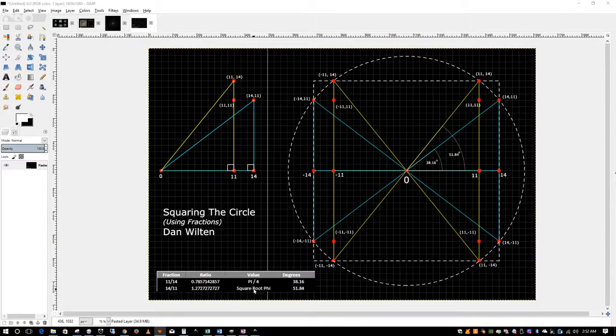In the system I'm talking about here, for example, if we wanted to get to 51.84 degrees, we could divide the circle up into, say, 500 degrees, where each one is equal to 0.72 degrees. Then to get to 51.84, it's 0.72 times 72. So this type of thinking also works with precession.